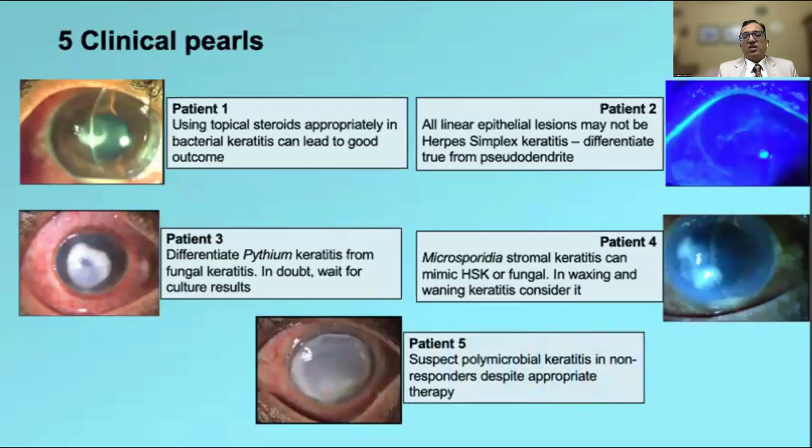And lastly, we need to know that sometimes there can be more than one infection in the ulcer. More than one pathogen may be there. It can be a fungi and a bacteria.